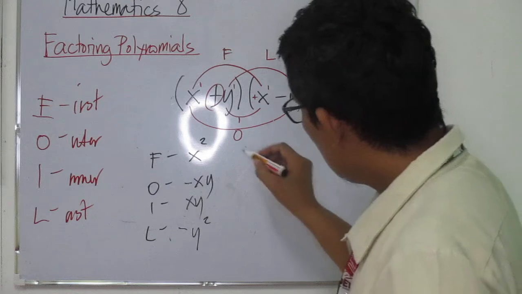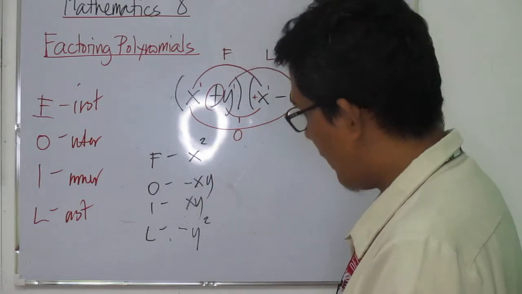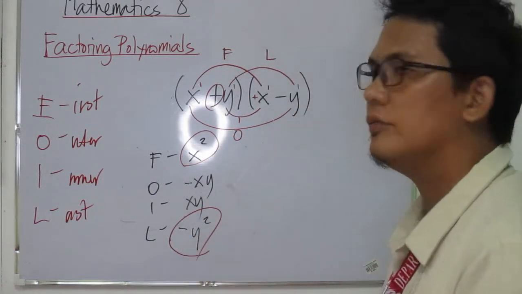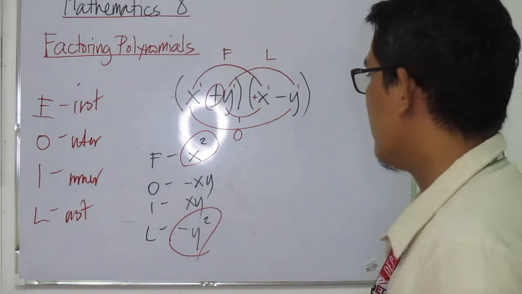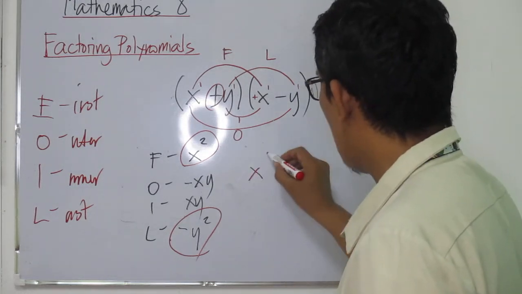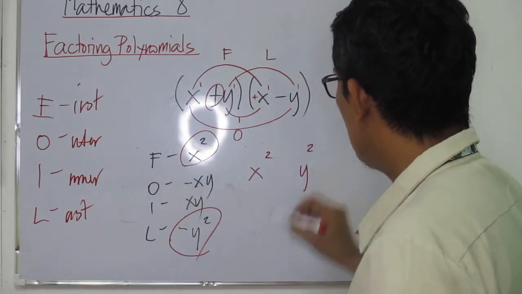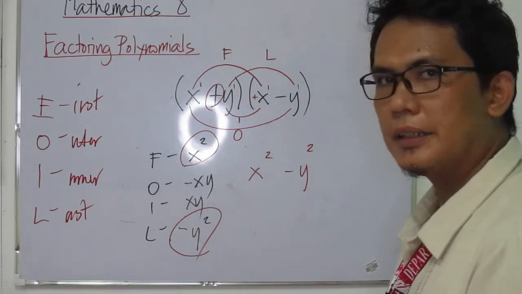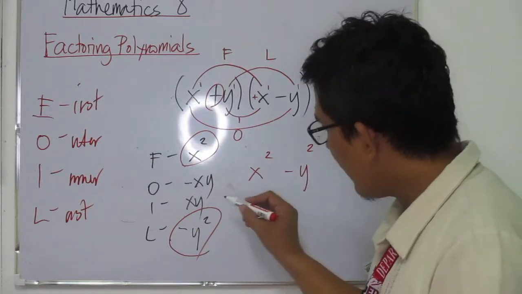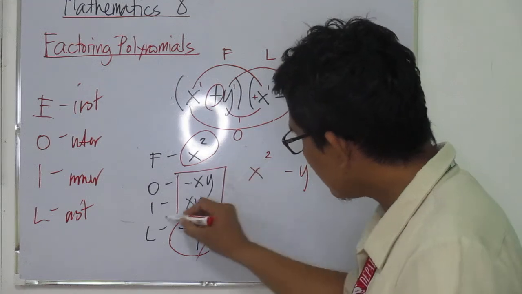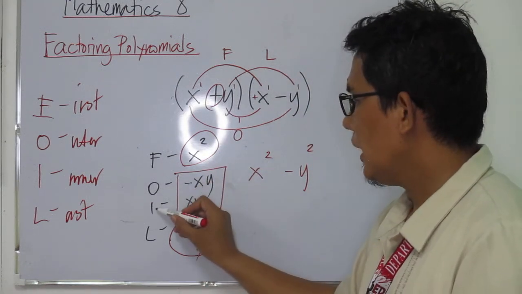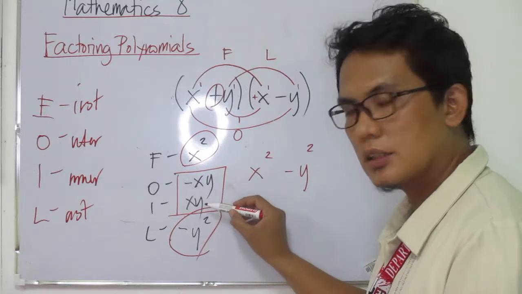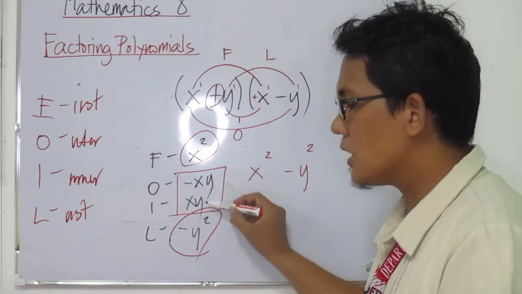In here, our x squared and our negative y squared are unlike terms. So we just copy x squared and y squared, but our y squared again is negative. And if we can see here, our outer and our inner terms are similar.